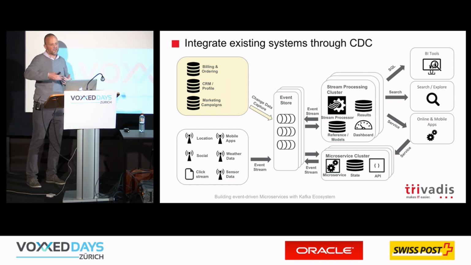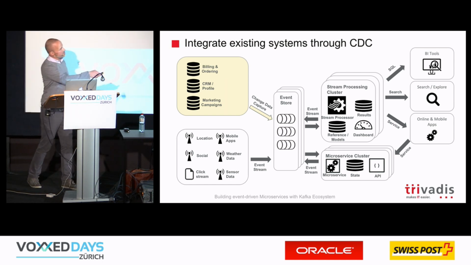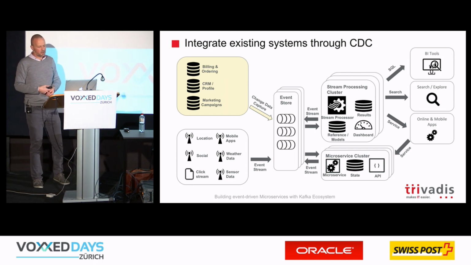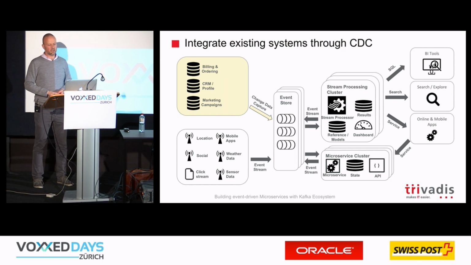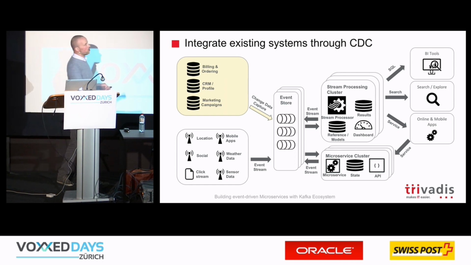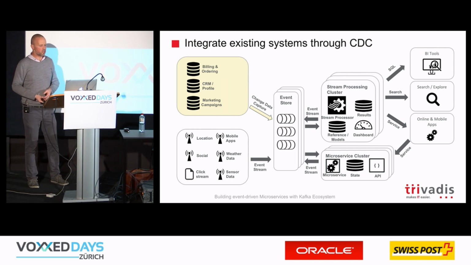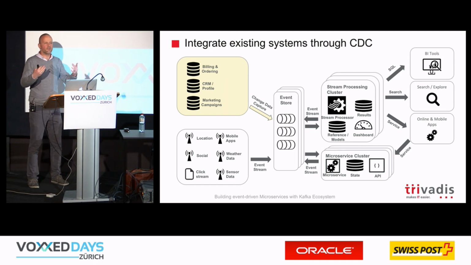So the stream of events is not the same as the stream of events you might get from sensors. But the interesting part is that now you get events in a central place, and you can mix and match events from IoT devices with events from traditional systems, which provide you maybe changes of status information, of master data information.